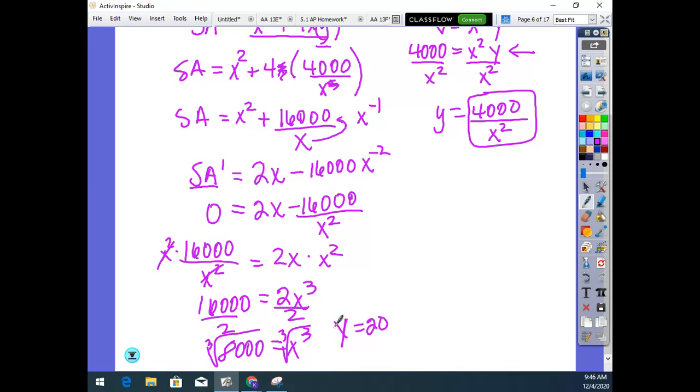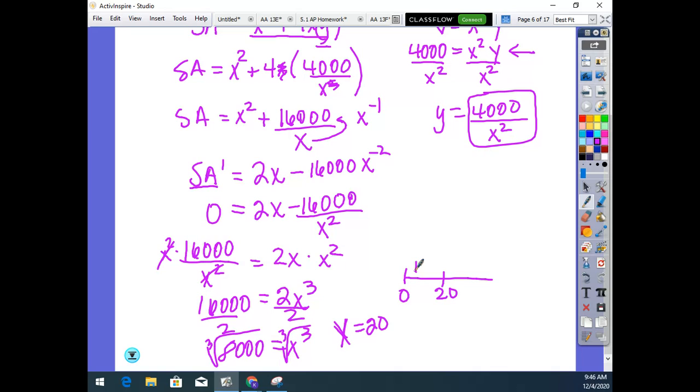All right, so let's think about this. This is a real world problem, so on my sign chart, I have to start at 0. And then I'm going to go to 20. Since our volume was both in x and y, we don't really have an ending point here. So let's think about between 0 and 20. Let's just say plug in 1.